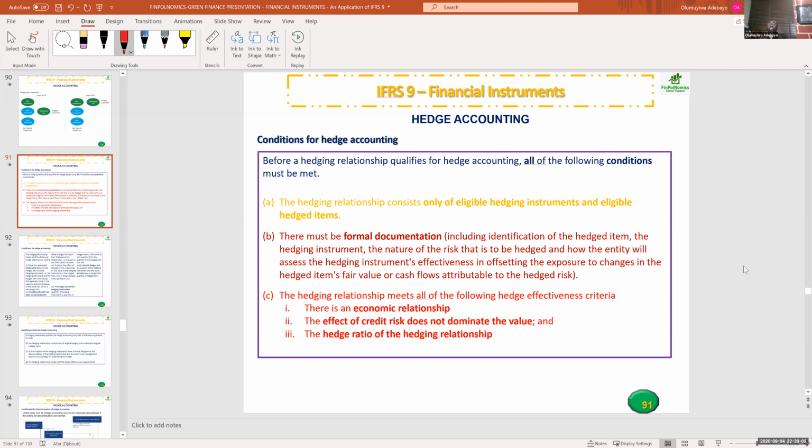And you also consider the hedge relationship to the extent of ascertaining the effectiveness, looking at the relationship between the hedged item and the hedge instrument. What is the effect of credit risk, given that it dominates value? And finally, what is the hedge ratio, so that it will assist you whether it is effective or not.